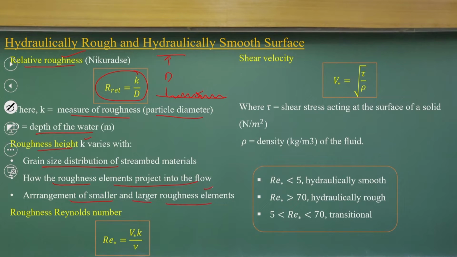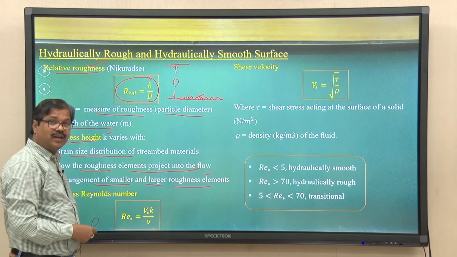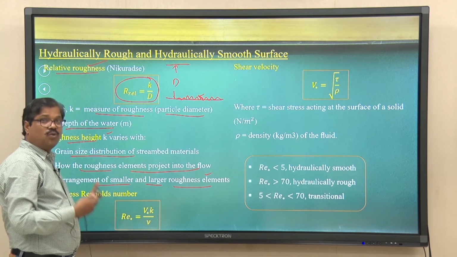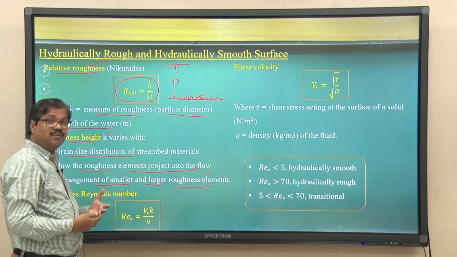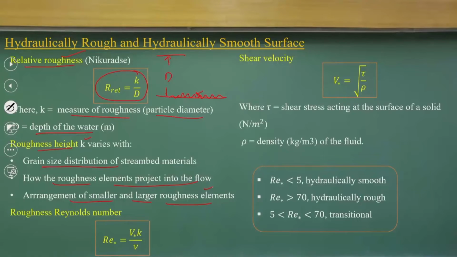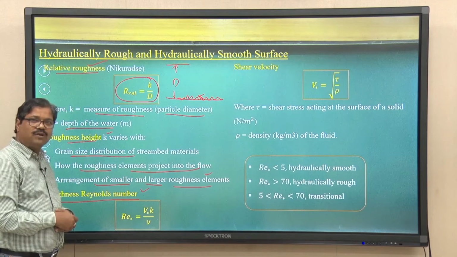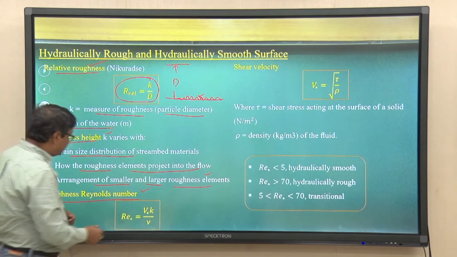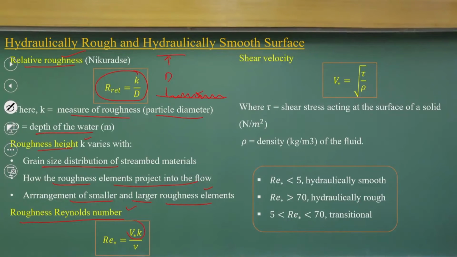What we try to do is, as you are all aware, the Reynolds number is a ratio between inertia forces and the viscous force. The same two force components we can use to define the roughness Reynolds number. Here, the inertia term we replace with V star, which is the shear velocity.